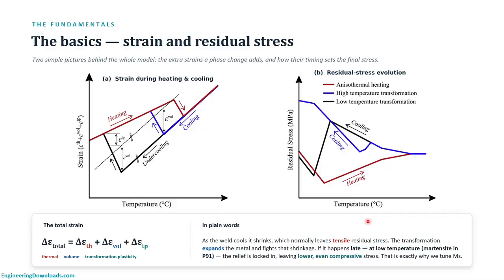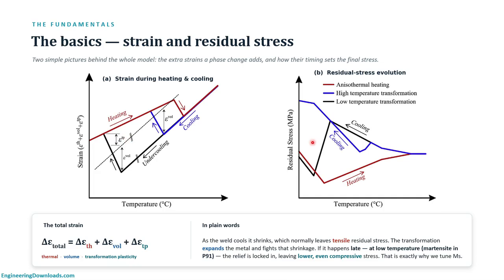Let me explain the basic idea with two simple pictures. Here you see strain against temperature. When the metal heats up, it grows. When it cools, it should shrink back along this dashed line. But the phase change adds two extra strains: a volume expansion here and transformation plasticity.